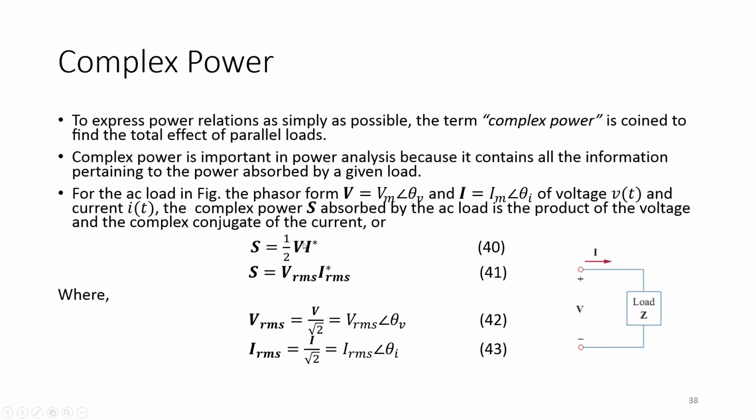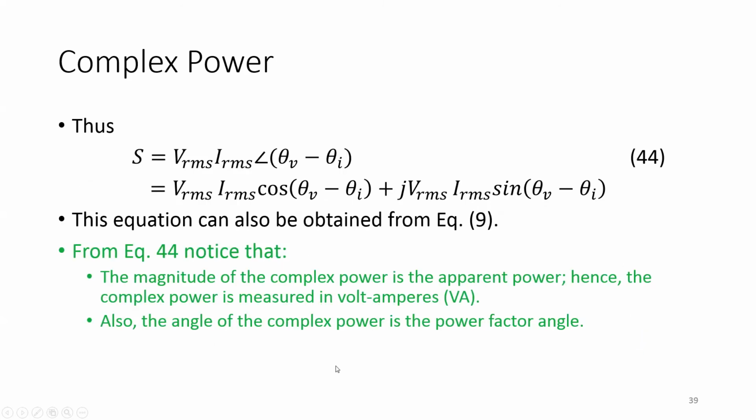Like before, V and I are usually the phasor quantities in terms of peak values. So if we want to convert them to RMS values, we split this 2 as square root 2 multiplied by square root 2, and then we reach this answer where Vrms and Irms are these quantities, and multiplying them in such a way we get this whole term.